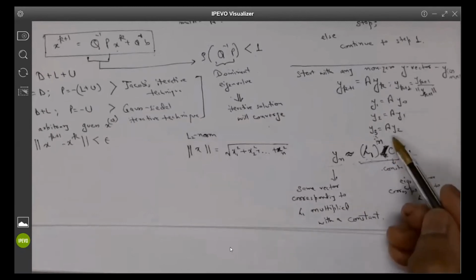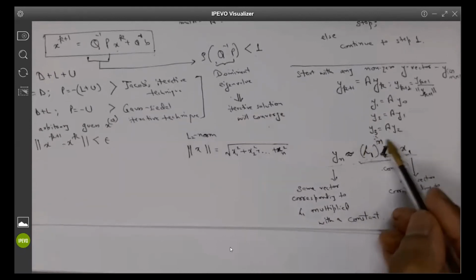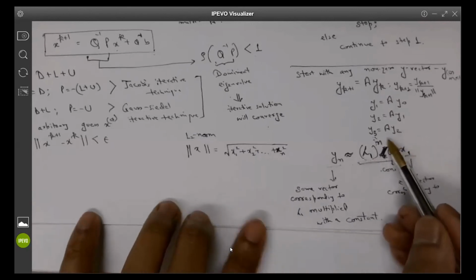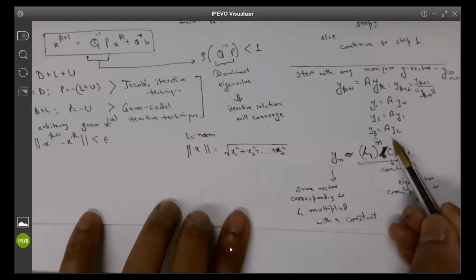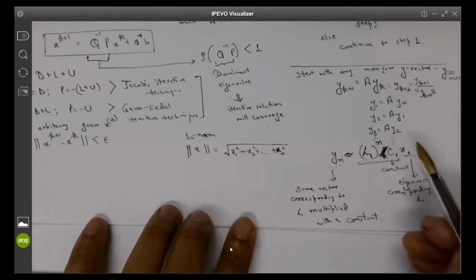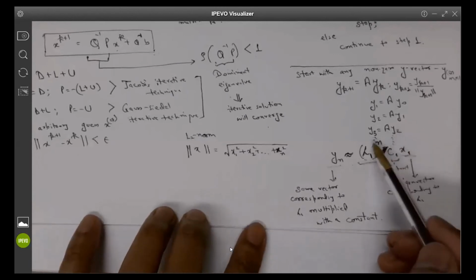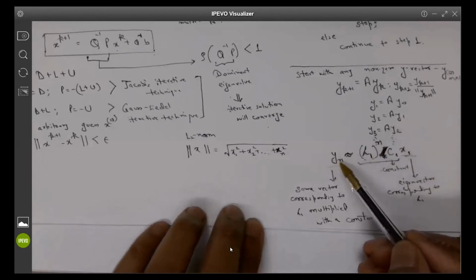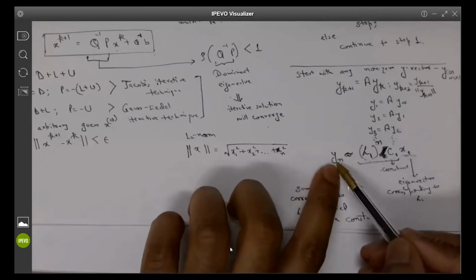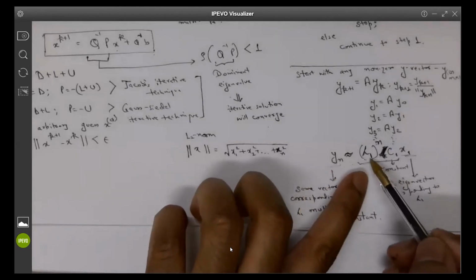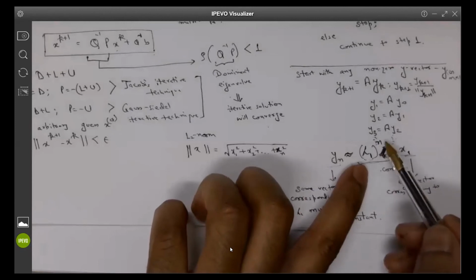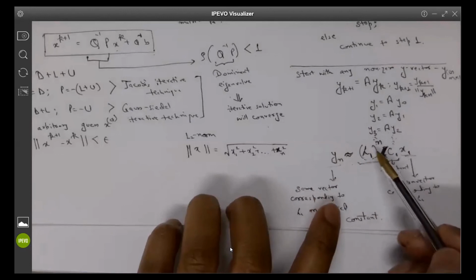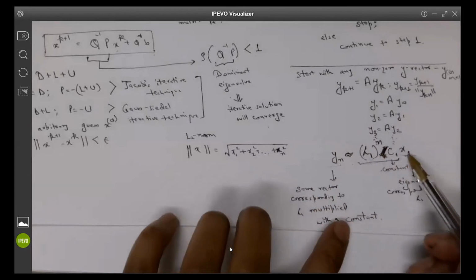Now I actually skipped a few steps here, showing why we get this as lambda 1. I left this as an exercise for you; the derivation is there in the textbook. The result is that the y vector is lambda 1, the dominant eigenvalue, raised to the power n, which is how many times you are multiplying, times a constant c1 times its eigenvector.